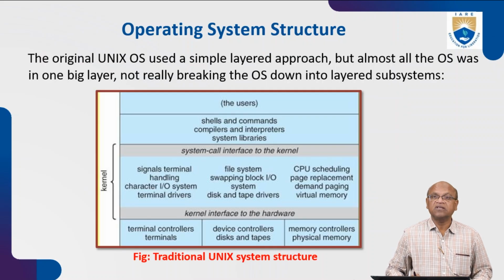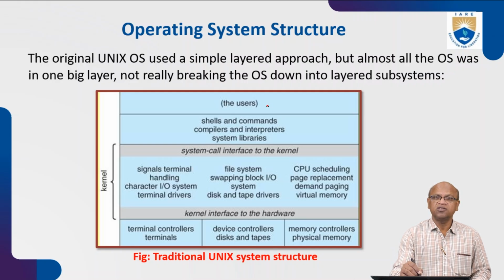If you go to another type of operating system, the original Unix used a simple layered approach, but almost all the OS was in one big layer, not really breaking the OS down into layered subsystems.